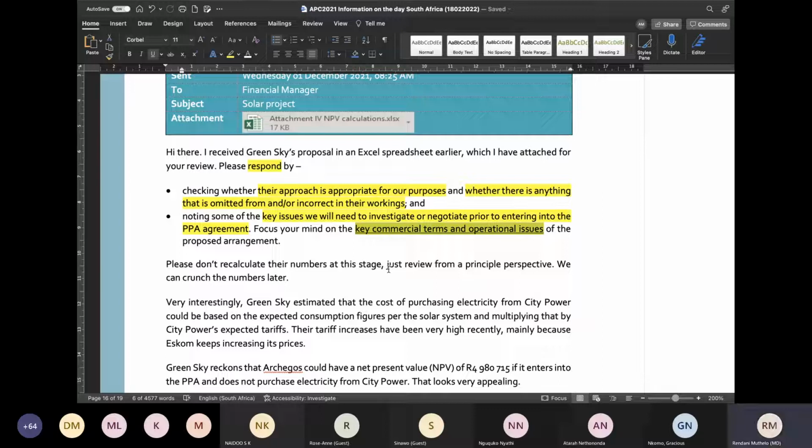Was it necessary for the APC examiners to include that? Or was it, duh, there's nothing else to focus on? Did you specifically restrict your response to those? And when you read commercial terms and operational issues, what do you read?